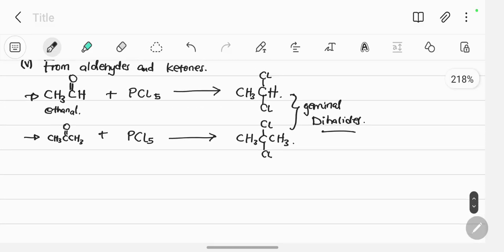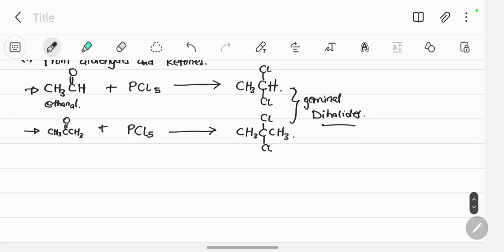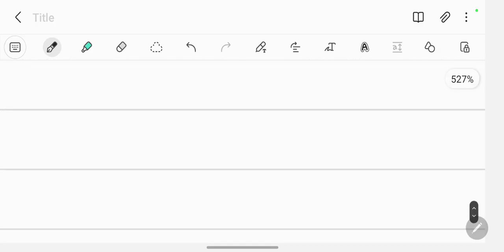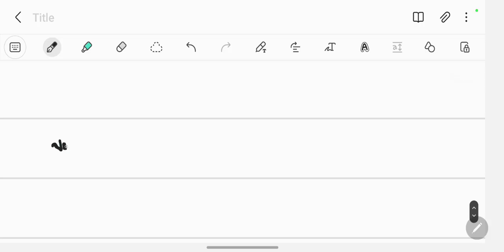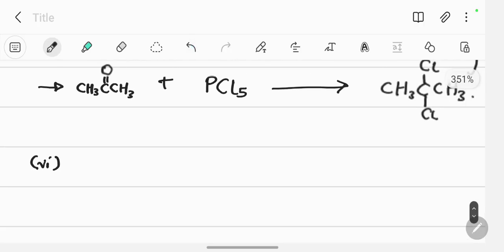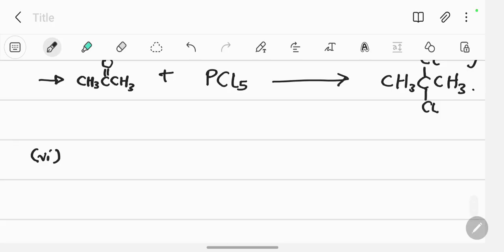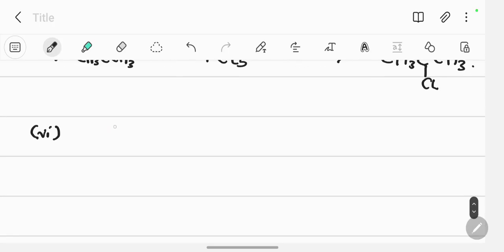We move on to the 6th, and in our 6th there, I will call it halogenation of benzene.